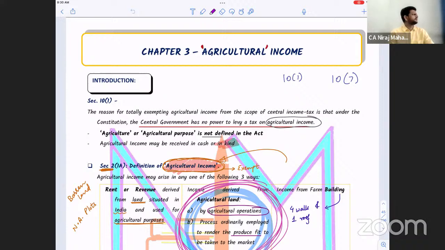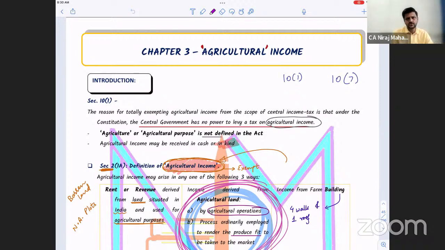Amongst that, the third one, income from farm building. Correct? So that was a little bit different. For that, what did we do? We have to look at where the farm building is located. The farm building has to be in or around the agricultural land. Okay? So the building has use in connection with or in addition to your agricultural activities.